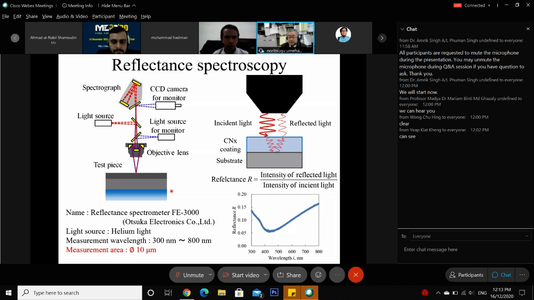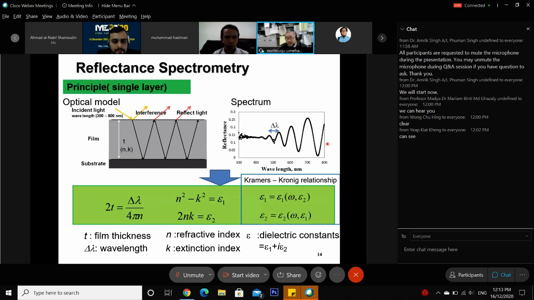By using reflectance spectroscopy, of course, interference can happen. So from the spectrum, we can get the thickness of this film from delta lambda. But also, we can detect the refractive index n and also the extinction index k, both values.